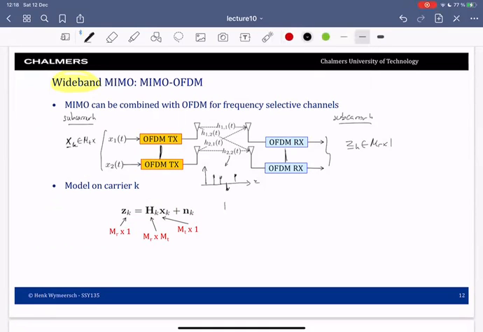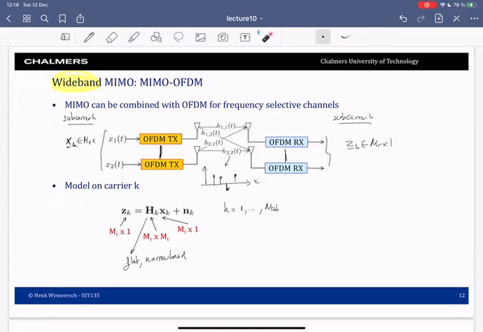And you have this for k from 1 till the number of subcarriers. So in MIMO OFDM you create many little MIMO systems, and each of these has now a flat, or narrowband, channel.